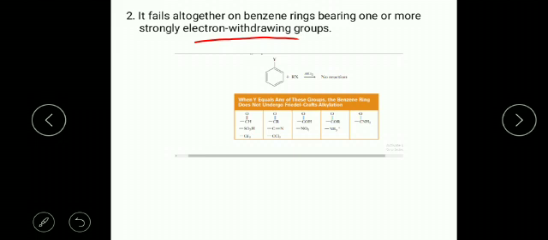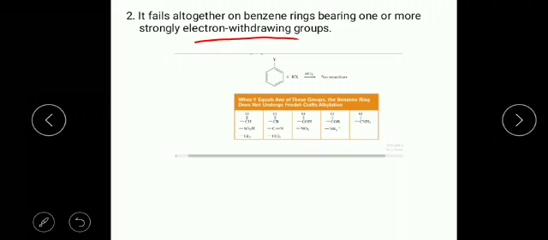You can see here I have given many examples of electron withdrawing groups like CHO, SO3H, CF3. Please remember all these examples which are electron withdrawing and deactivate the ring, and in this condition no Friedel-Crafts alkylation reaction is possible.